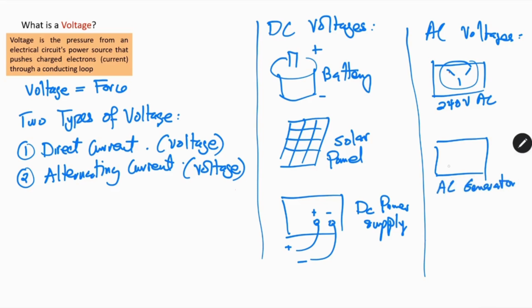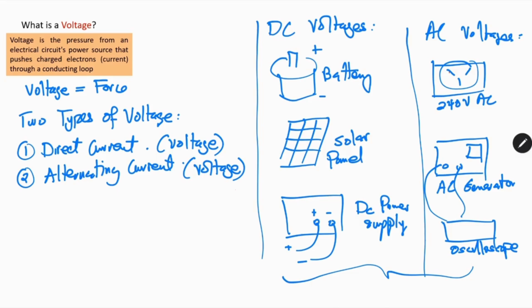In this AC generator, you have a 2-port that you can connect to your AC appliance, or you can connect to an oscilloscope to see the change in the alternating current. So those are the sources of the voltages.